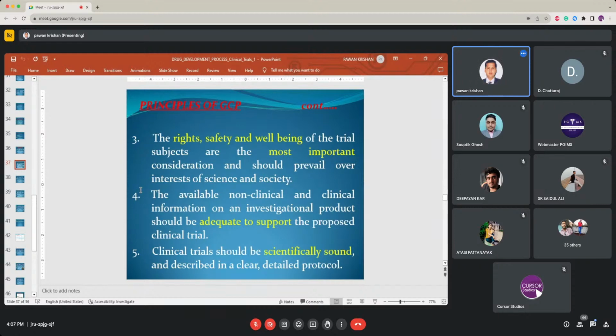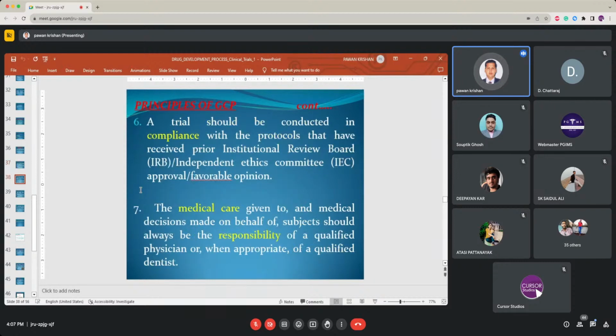Very important. The clinical trial should be scientifically sound and described in a clear, detailed protocol. A trial should be conducted in compliance with a protocol that has received Institutional Review Board or Institutional Ethics Committee approval.